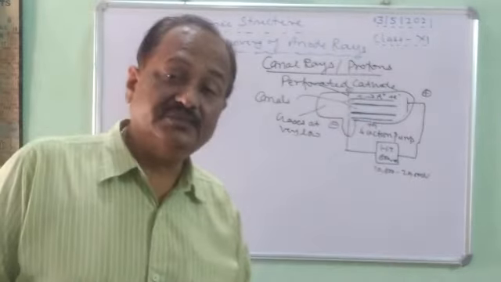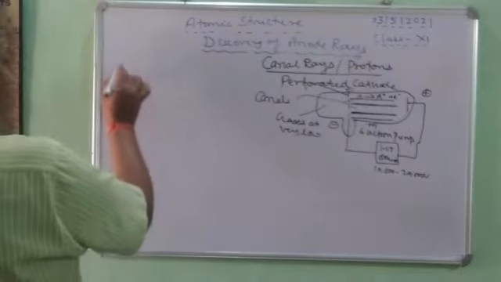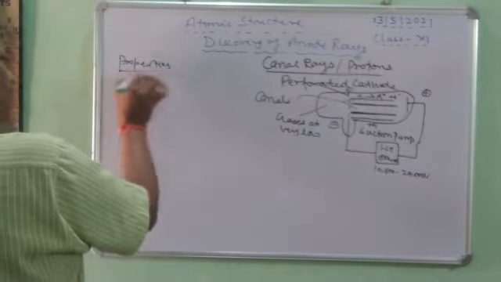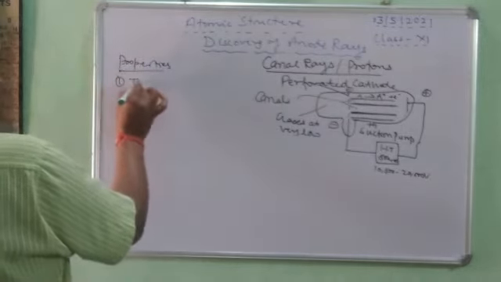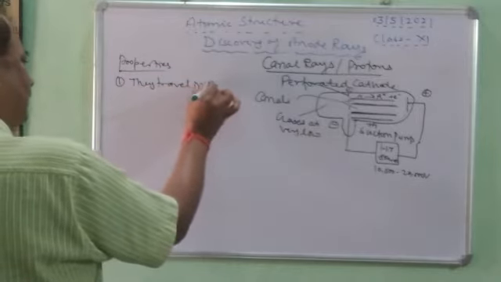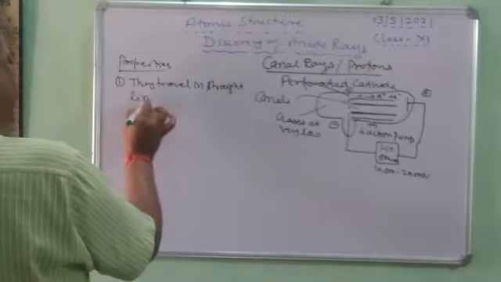Now we'll see next the important point, the properties of anode rays. So first property, children, they travel in a straight line. They travel in a straight line.